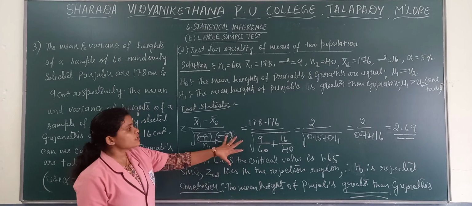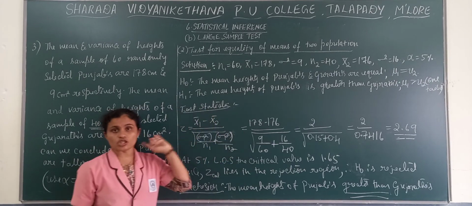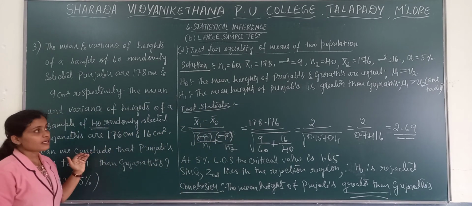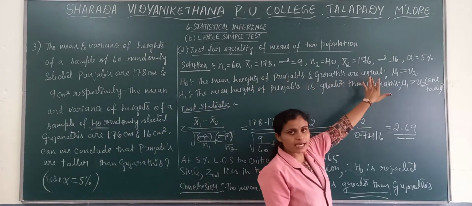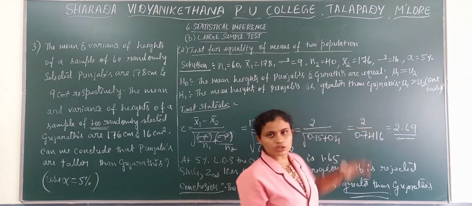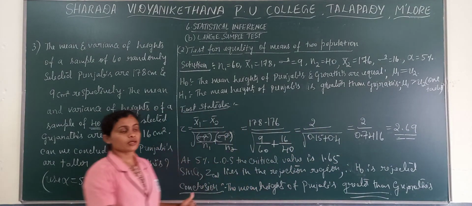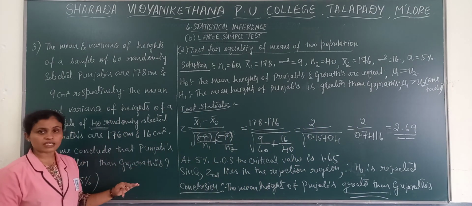So this is about when you get greater than. Taller than means you need to consider as greater than. So always the null hypothesis should be equal, and here we need to take the height of Punjabis is greater than Gujaratis.